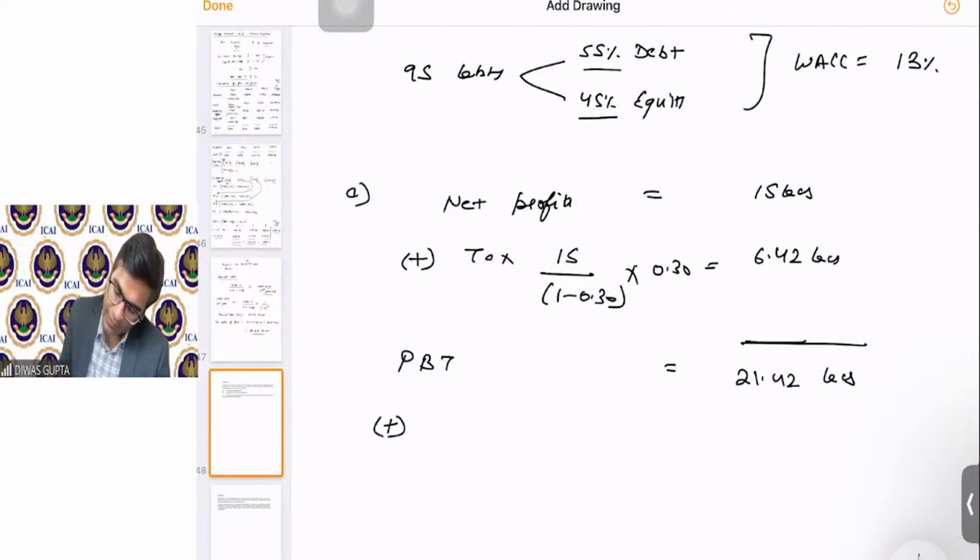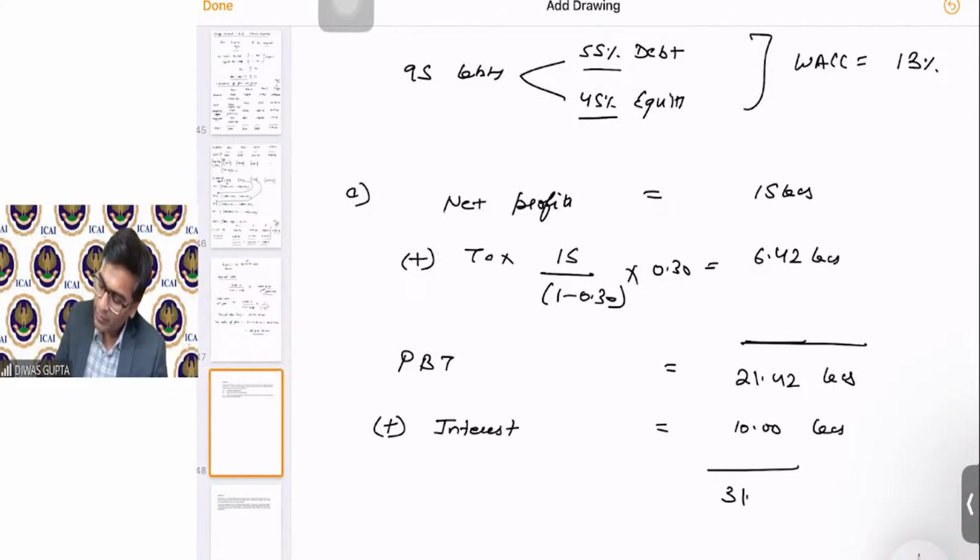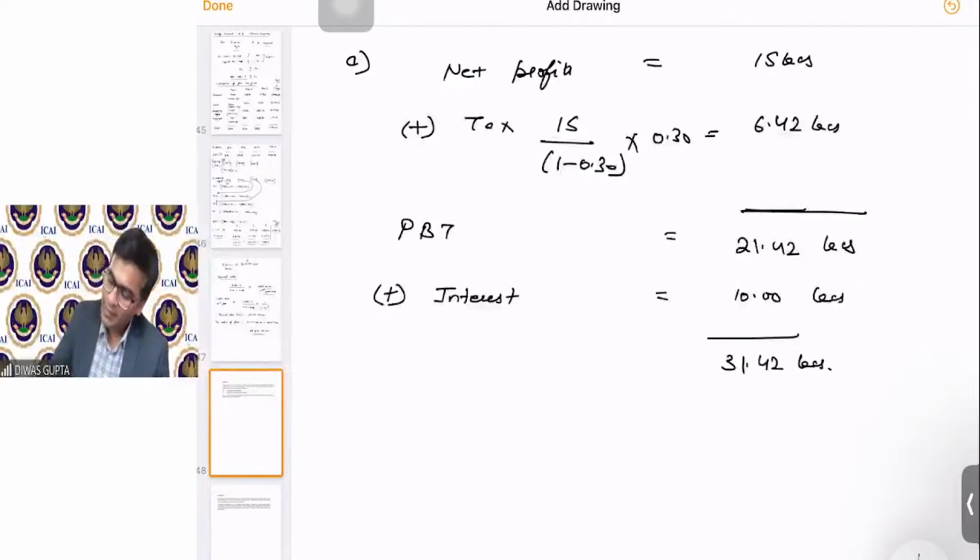In this, we have to add interest. Okay, we have to add interest to arrive at the operating income. Interest was how much? 10 lakhs. So the total amount is 31.42 lakhs, correct? What is EVA then?